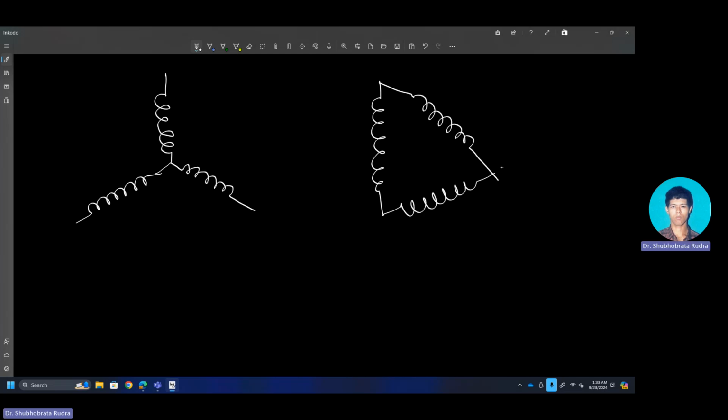I'm just drawing a rough sketch, but during the exam, students are expected to draw a neat sketch using pencil, because at the end of the day, engineering is all about presentation also, especially when you are expecting something in return.